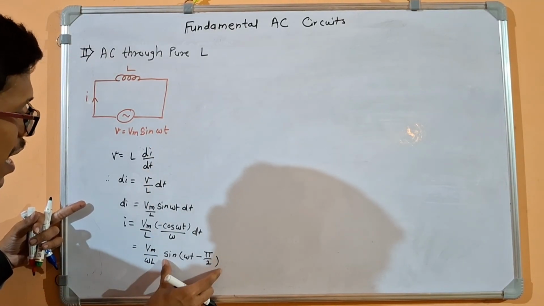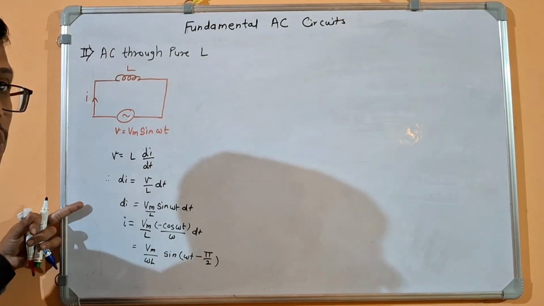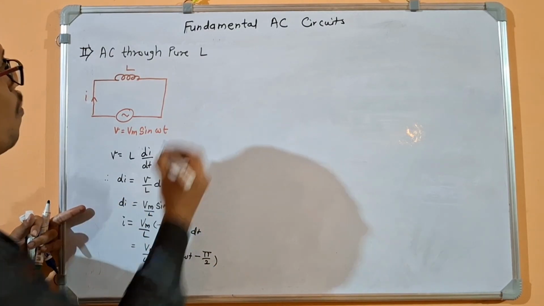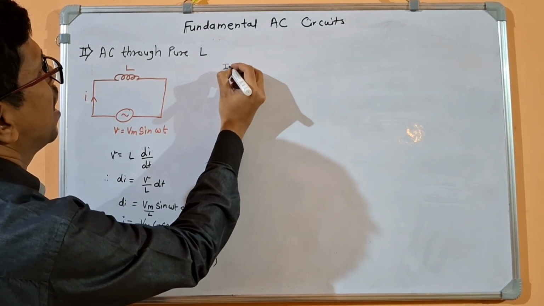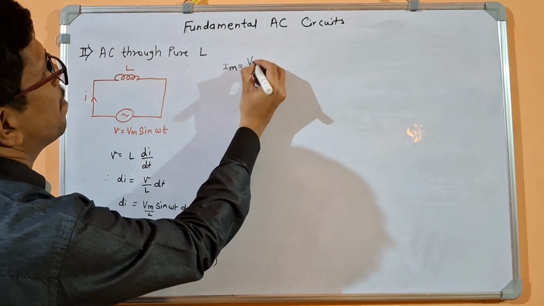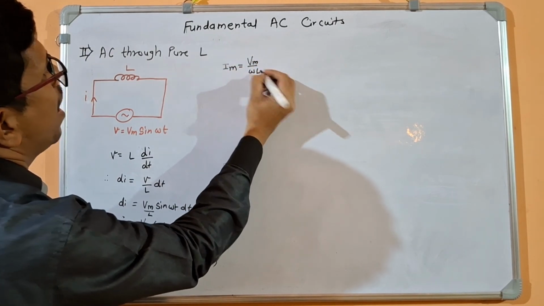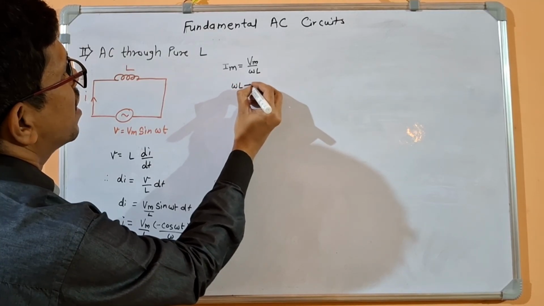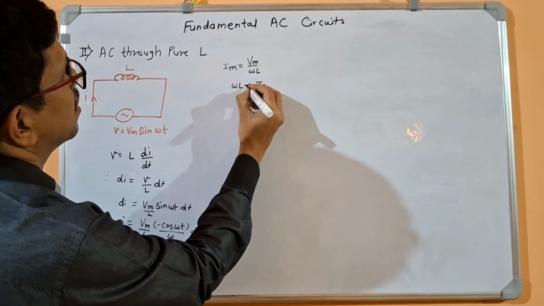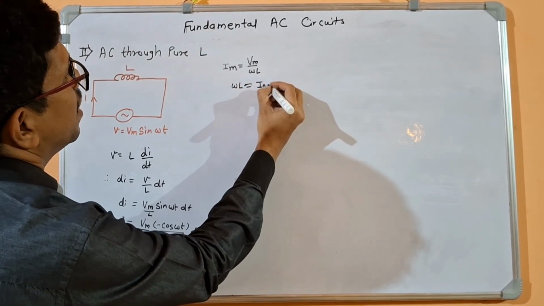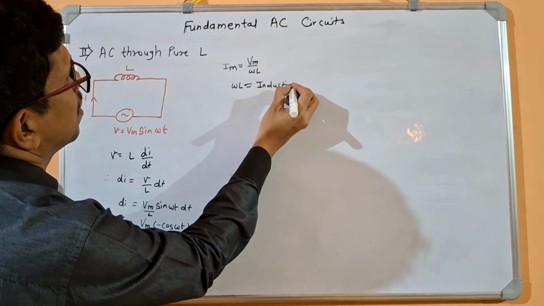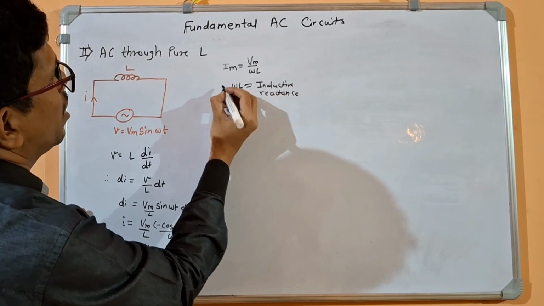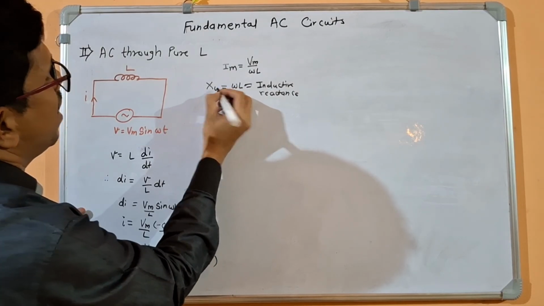Whenever this sine omega t minus pi by 2 is 1, we will get the maximum value, Vm by omega L, and that is nothing but Im. Okay, this omega L is called inductive reactance, denoted by XL.